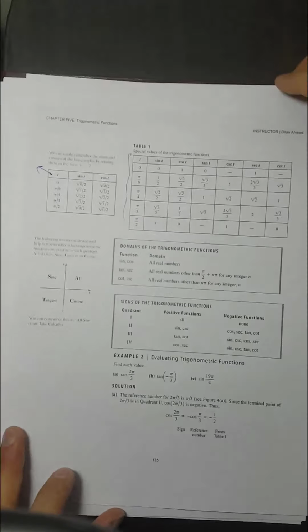So 2, 3, 4, 5, 6, 7, 8, right? 9, 10, 11, 12, and so on, 30, 40, 50, 60, 70, 80, 90. So I am here, here's my angle. So I'm in the second quadrant. And I know in the second quadrant sine is positive, right? So I'll leave it like that.